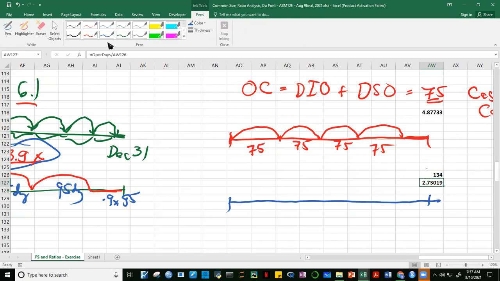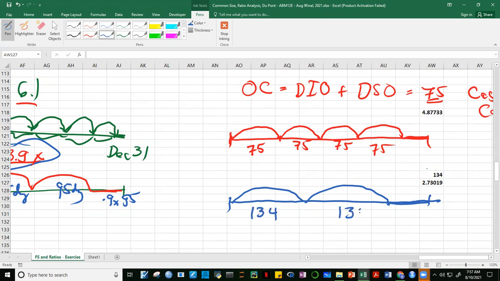So let's illustrate that. Ito, 134 days. 1, 2, and then 0.73. Sorry for the not proportional na drawing. 134 days.